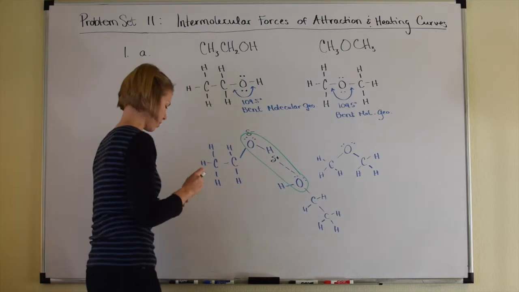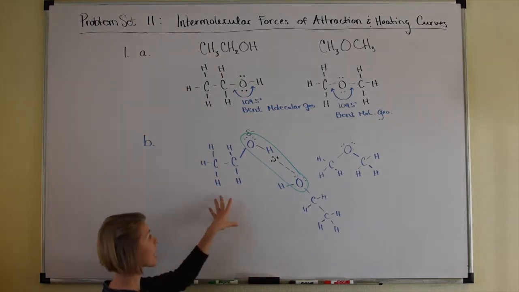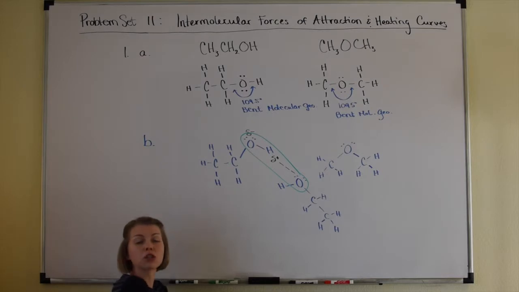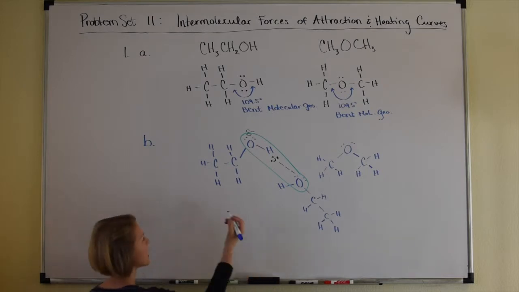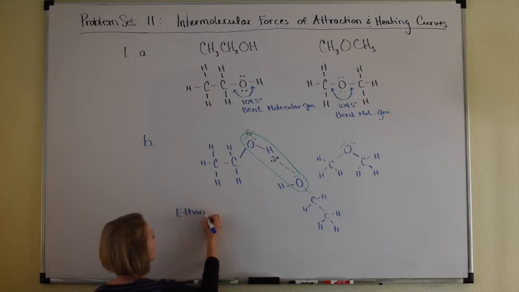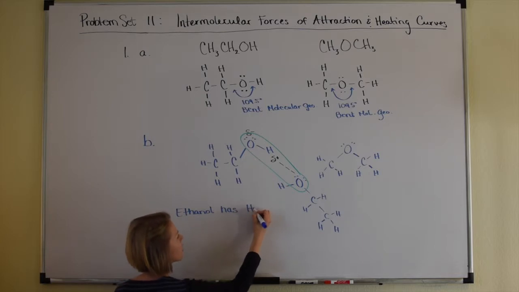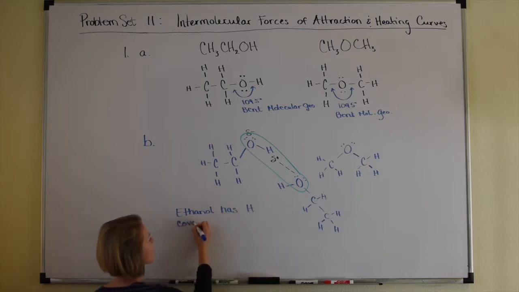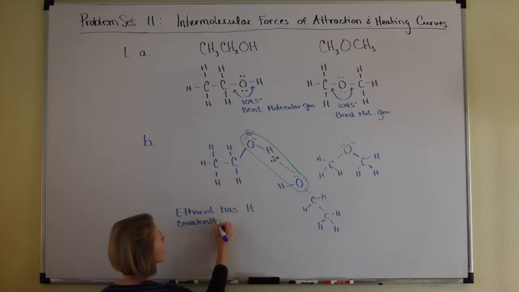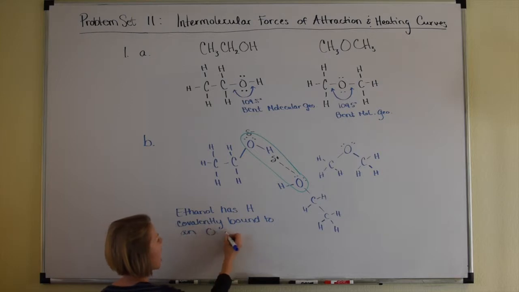So let's write for our answer here the explanation of why ethanol can hydrogen bond to another ethanol molecule is that ethanol has hydrogen covalently bound to an oxygen atom.